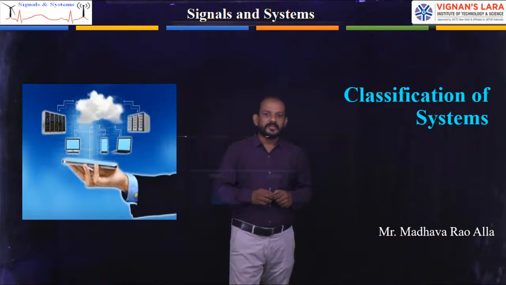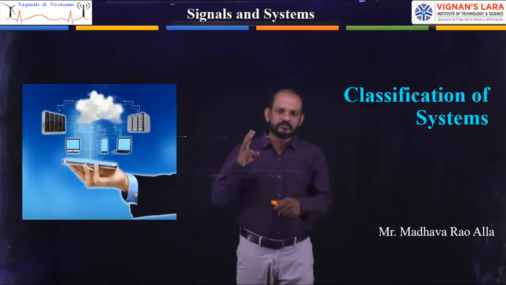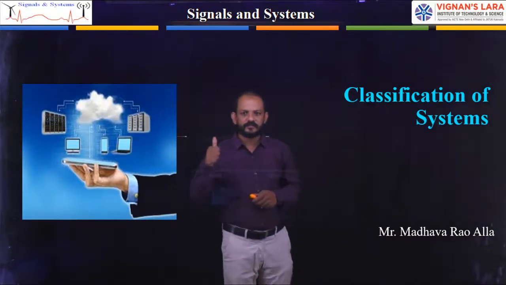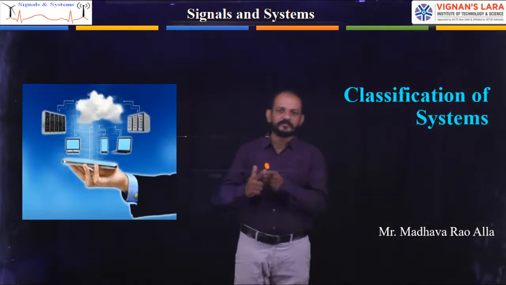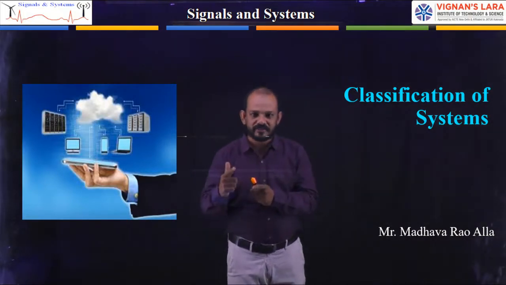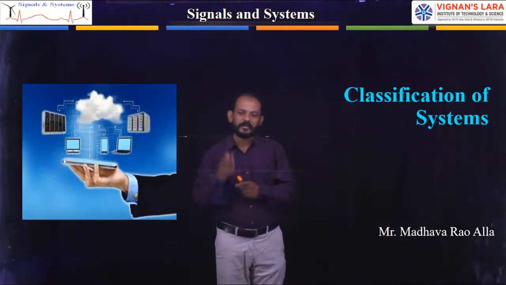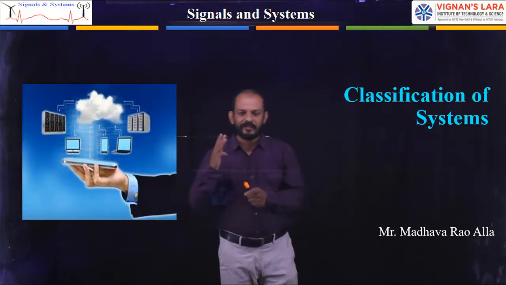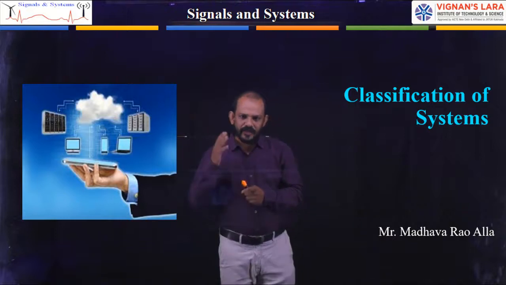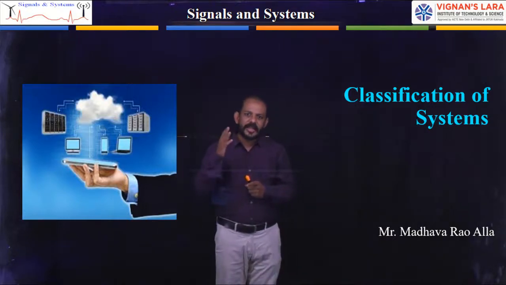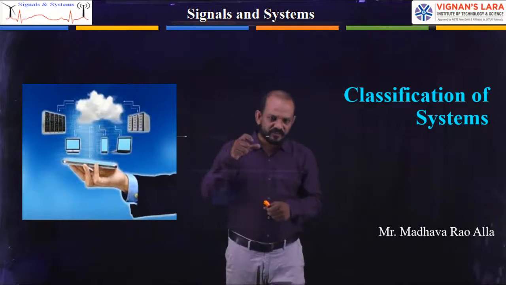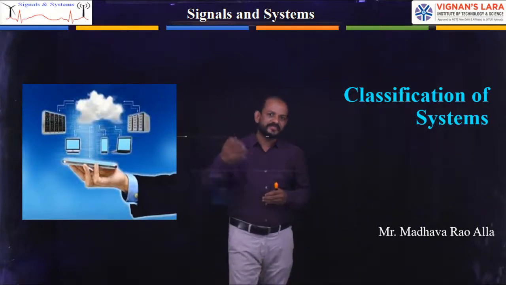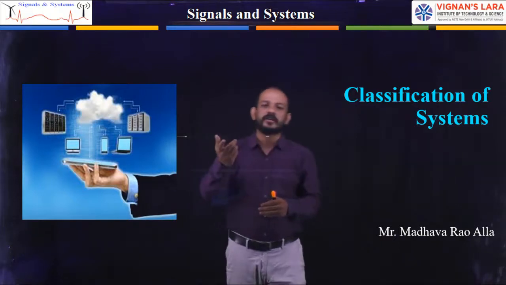In that I explained three types: continuous time and discrete time systems, next linear and non-linear systems, next time invariant and time variant systems. So with respect to classification of systems, I explained these three classifications using the smart board.